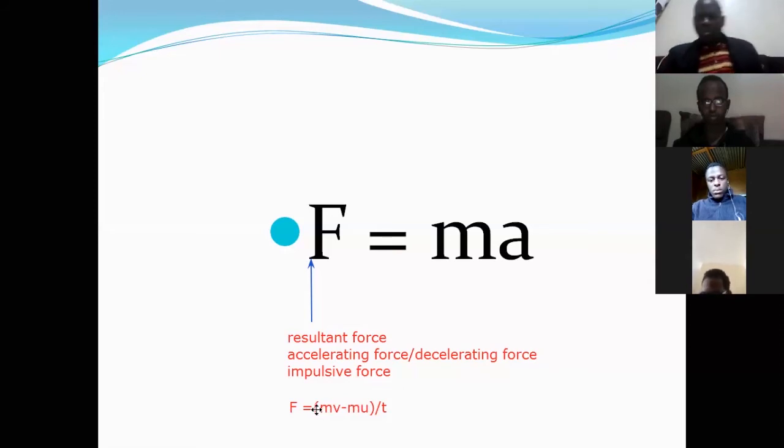So, guys, I'm just talking about force is equals to mv minus mu, that's change in momentum divided by time. If the time of impact is longer, then the impulsive force will be less. But if the time of impact is shorter, then the impulsive force will be greater.